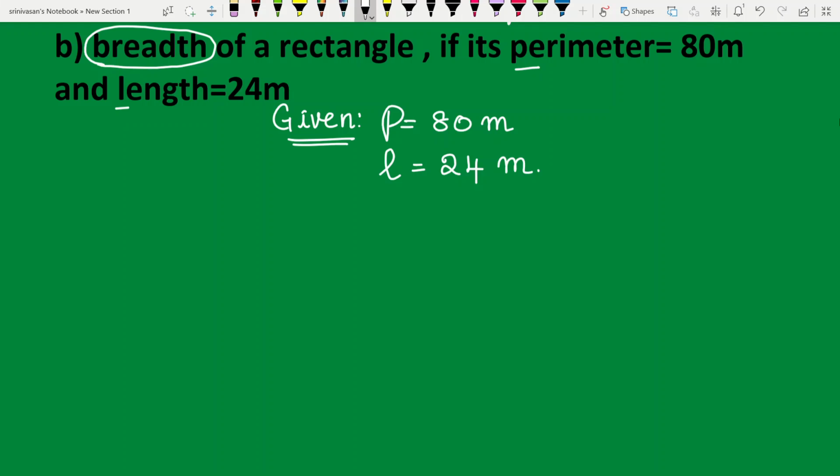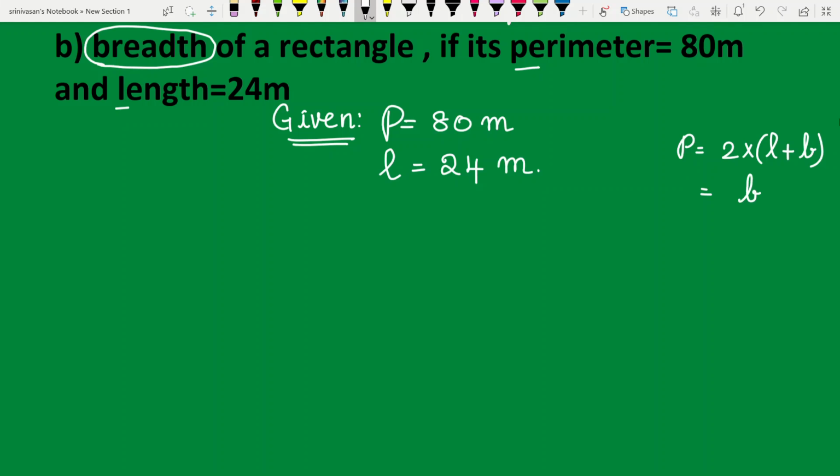So, as I told you in the first sum, here also we can derive the formula to find out the breadth from the perimeter formula. P equals 2 into L plus B. So, here we are going to find out only the breadth.